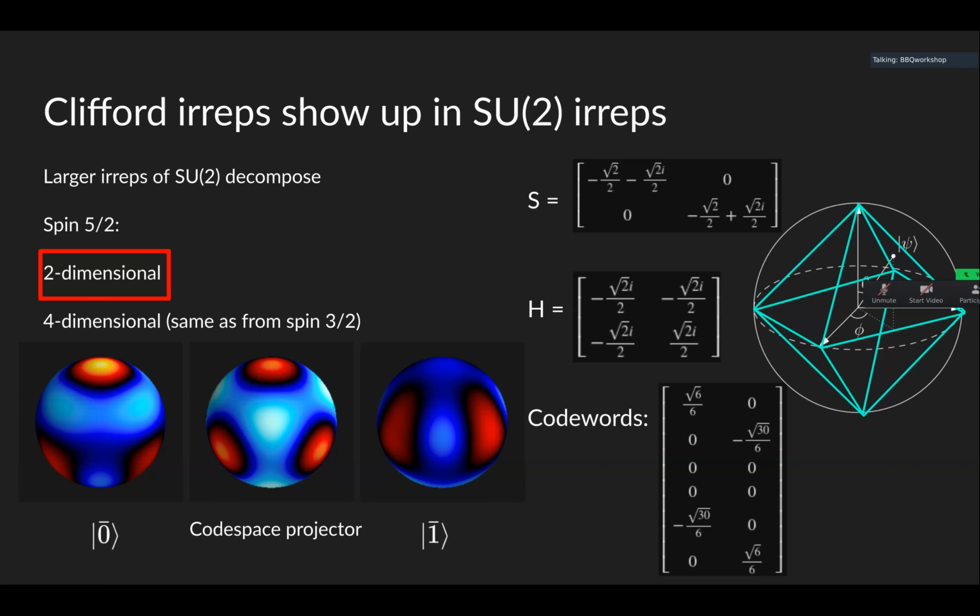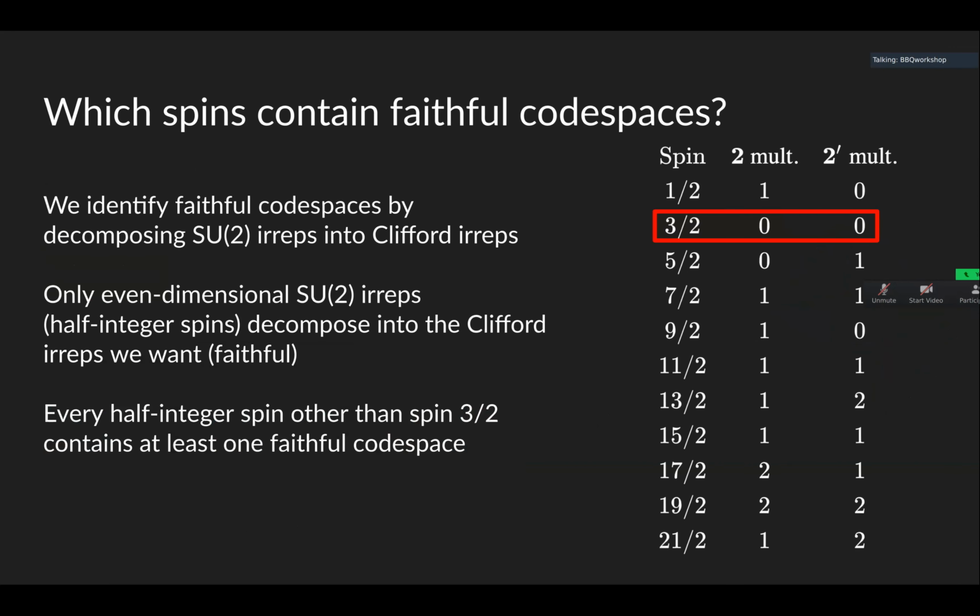So that gives us all of the ways that my large spin decomposes into different arrays of the Clifford group, what I want to have logical operations do. And because I want my physical Clifford operations to do logical Cliffords, I'm looking for just the 2 faithful 2-dimensional arrays of the Clifford group.